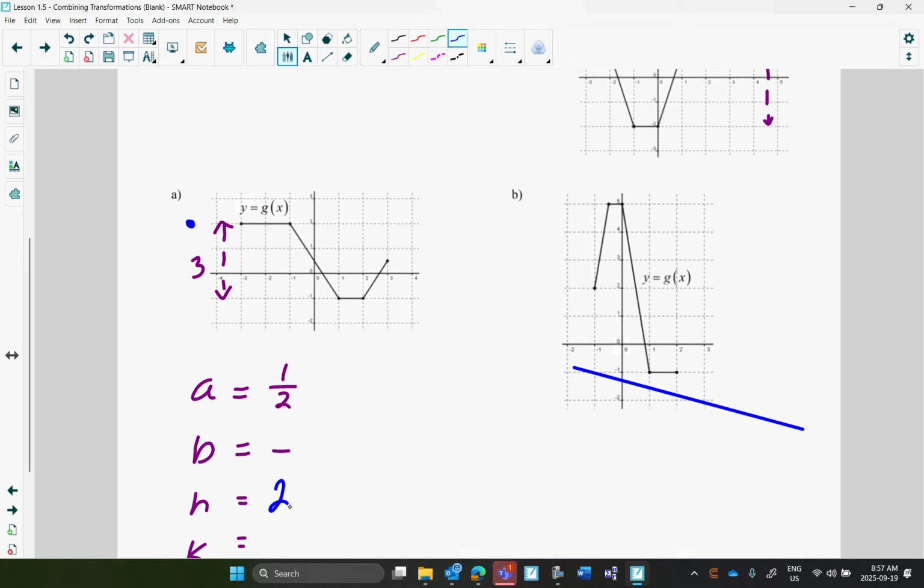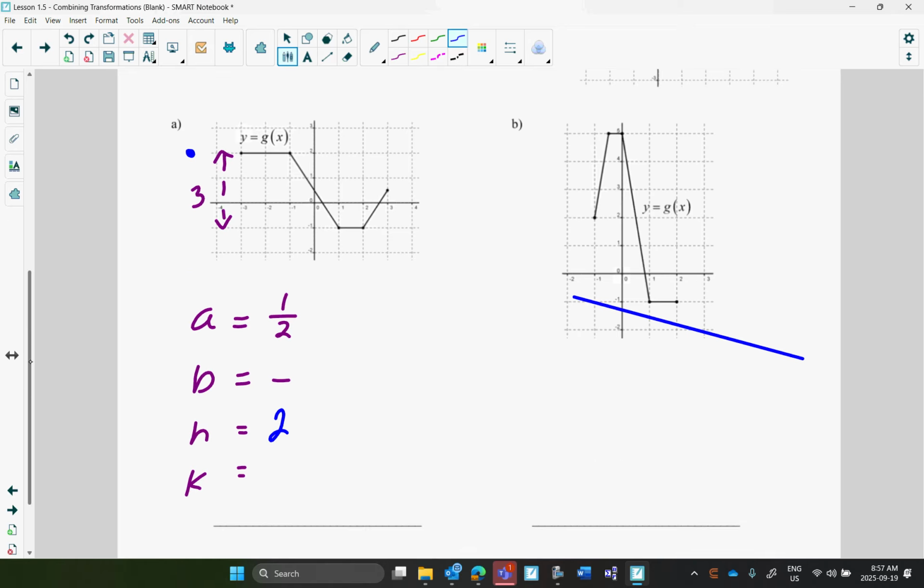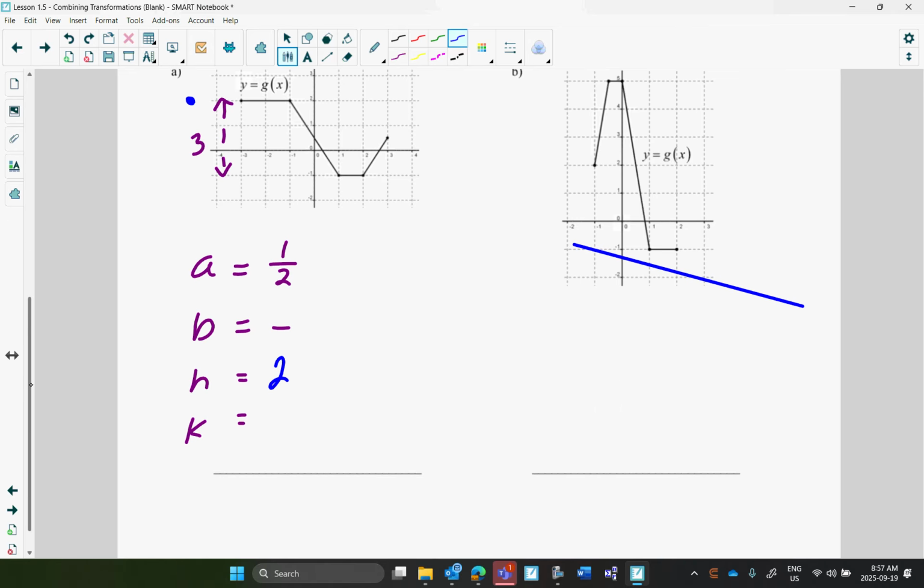In the equation, it would be greater. Yes. So that means there's nothing for K.